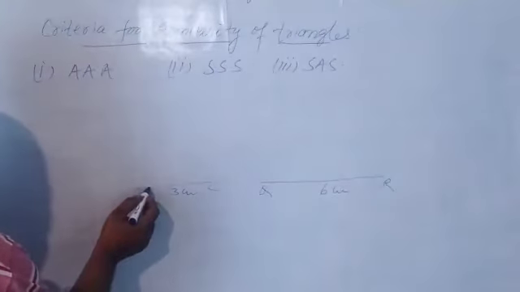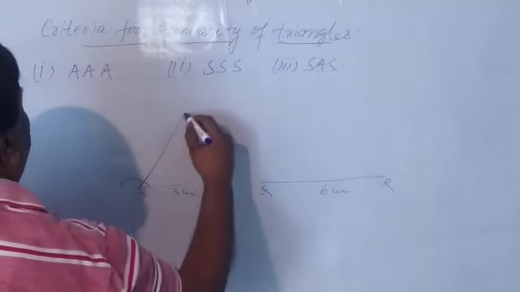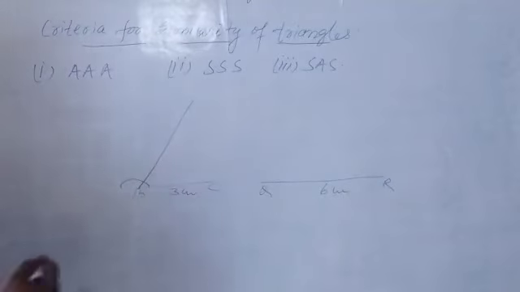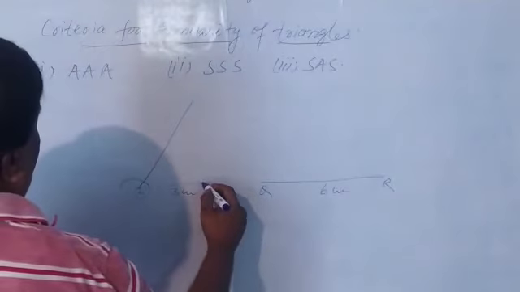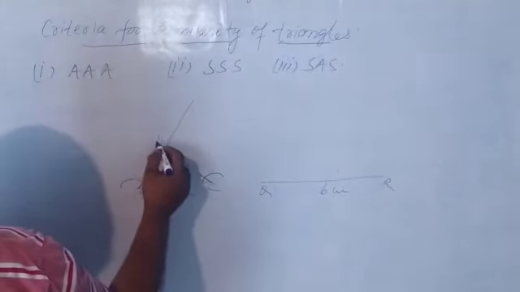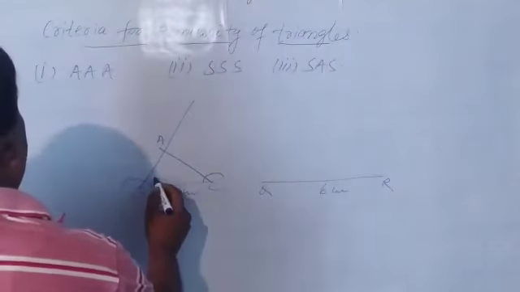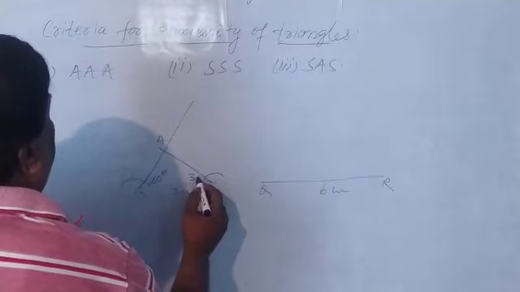When we draw angles of 60 degrees and 30 degrees at both ends, we get A with 60 degrees and 30 degrees.